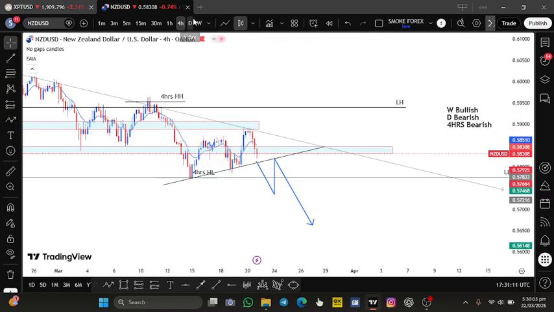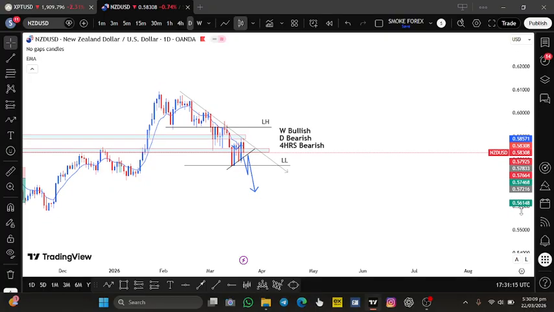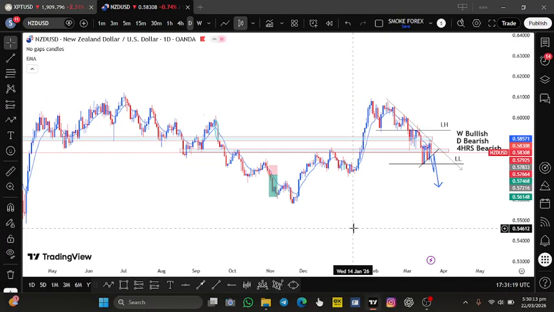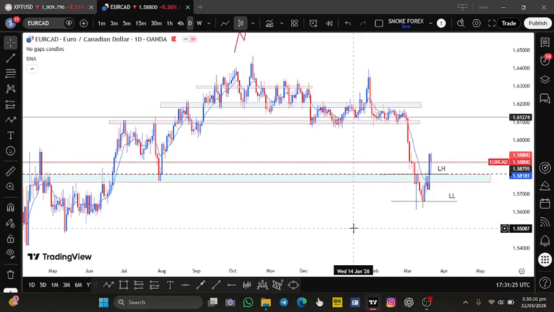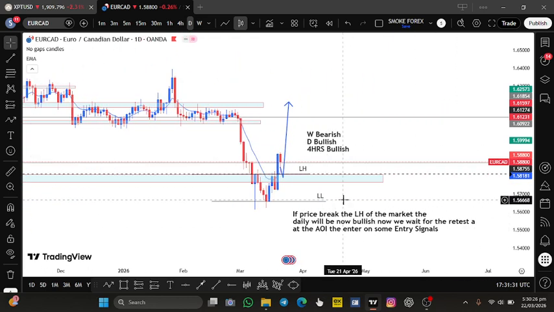My next pair for next week. See, I call these trades an A plus setup across. Price is very clean. The market is clean for next week. I could have like 5 or 6 trades in profit next week. So it's Euro CAD.